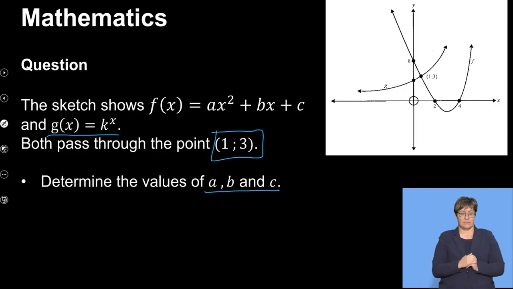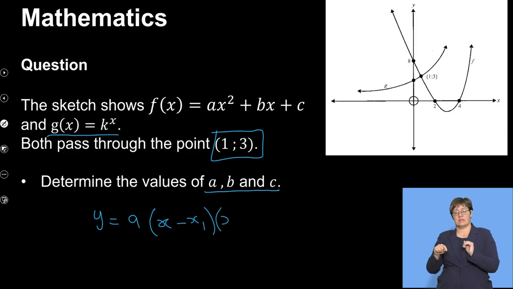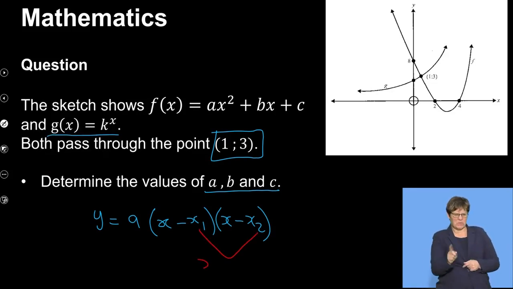To do that, we're going to use the equation y equals a into x minus x1 into x minus x2, right? Let's quickly explain what this formula is all about. This x1 and this x2 are the x-intercepts of the graph, right?